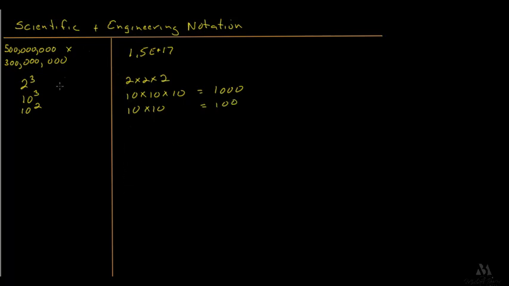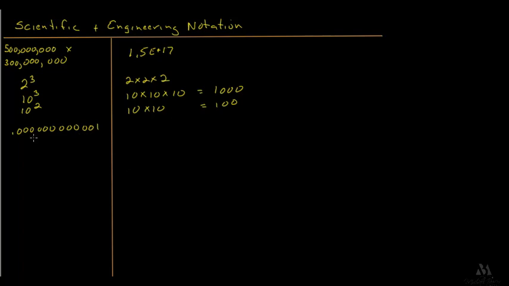So the reason we're going to talk about scientific and engineering notation today is so that we can deal with these really large numbers with lots of zeros, or very, very small numbers. So something like this, 2, 3, 4, 5, 6, 7, 8, 9, 10, 11, 12. So that we can accurately write this number down and use it in calculations, you're going to want to use scientific and engineering notation.